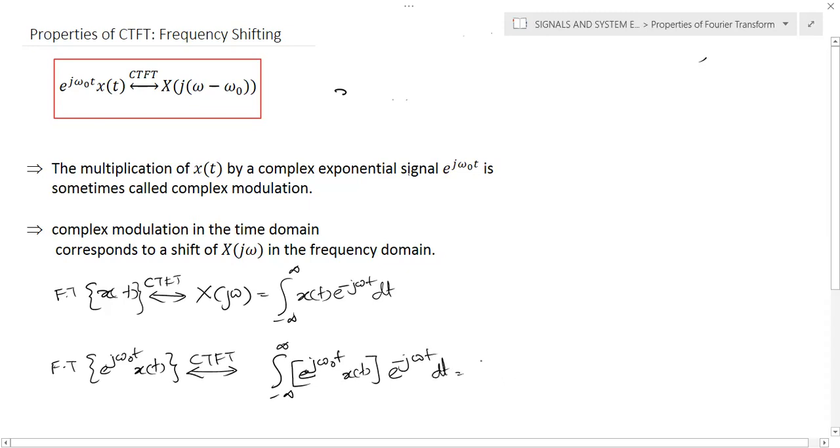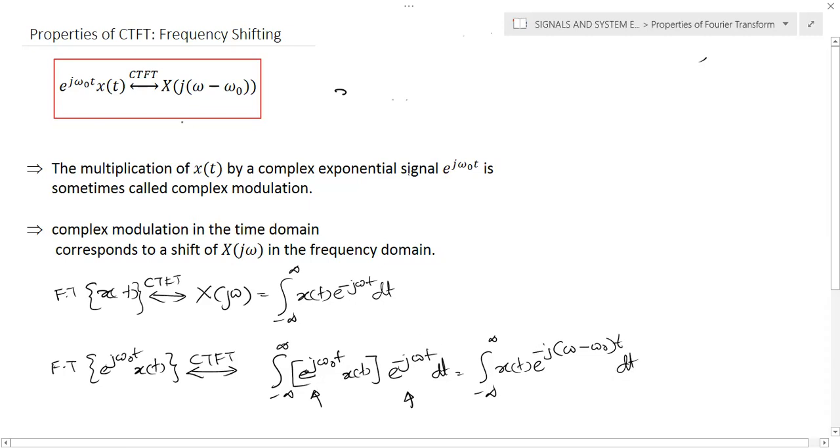Now we can rearrange this equation. It becomes the integral from minus infinity to infinity of x of t into e raised to minus, actually there are two exponential terms. One is e raised to j omega 0 t, another one is e raised to minus j omega t. Now we can group these two, so you get e raised to minus j times omega minus omega 0 into t dt.